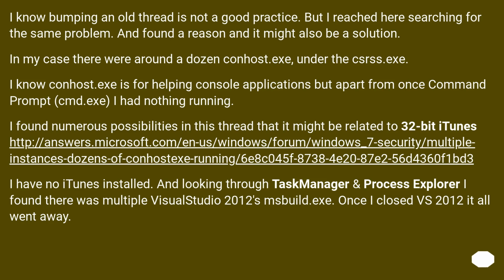I know bumping an old thread is not a good practice, but I reached here searching for the same problem, and found a reason, and it might also be a solution. In my case, there were around a dozen conhost.exe under the csrss.exe. I know conhost.exe is for helping console applications, but apart from one command prompt, cmd.exe, I had nothing running. I found numerous possibilities in this thread that it might be related to 32-bit iTunes.